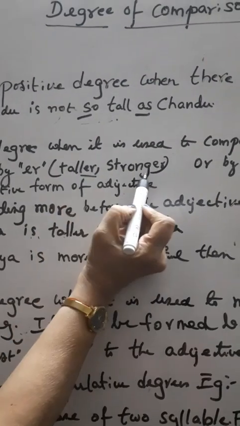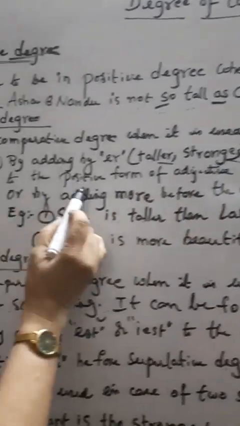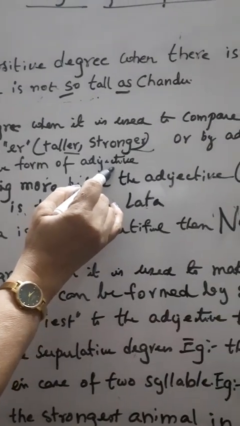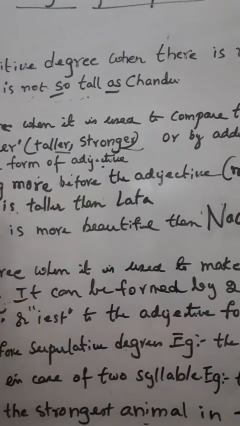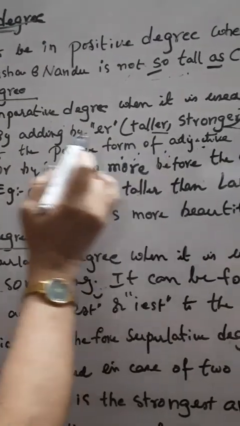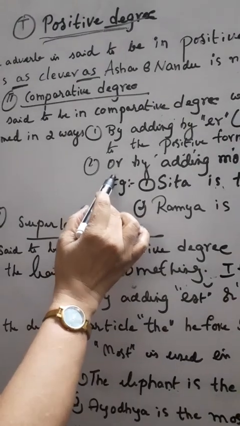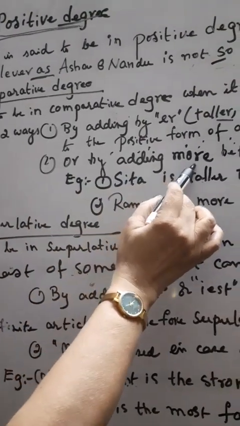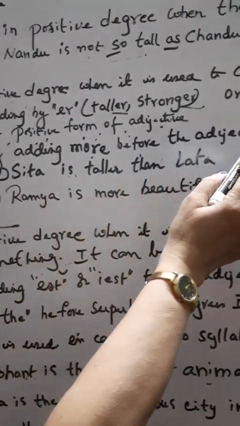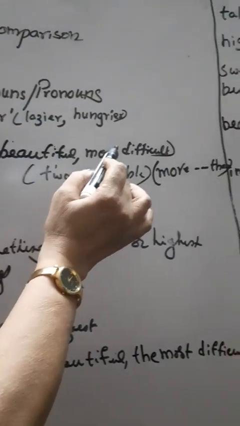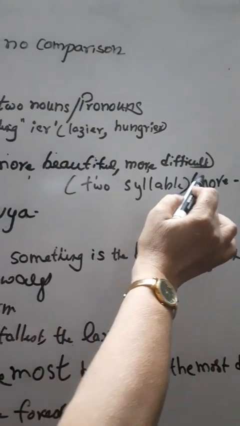We add er to the positive form of the adjective. Or by adding more before the adjective, that is more beautiful, more difficult.